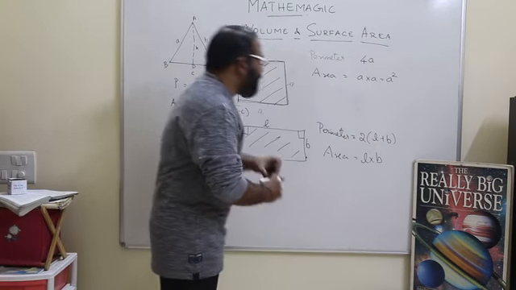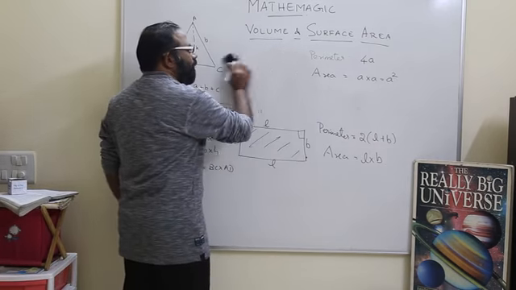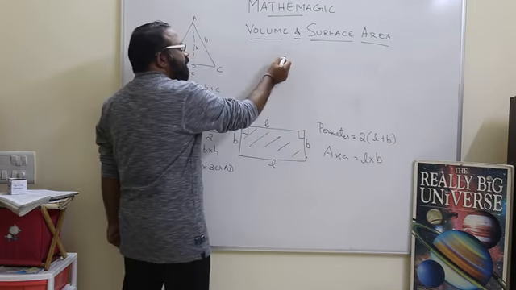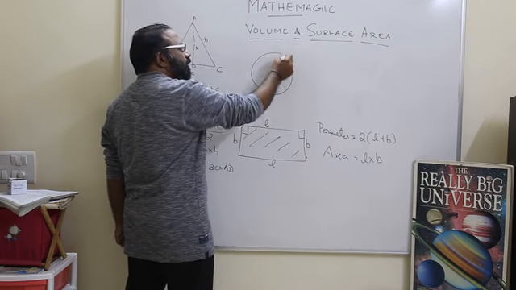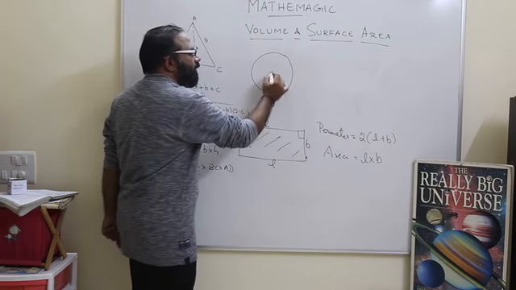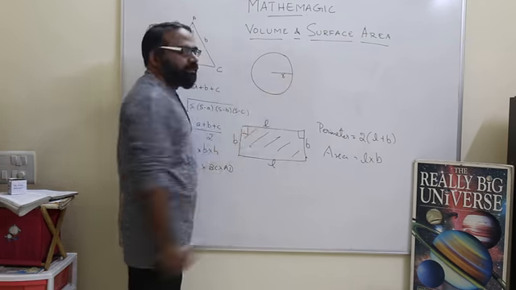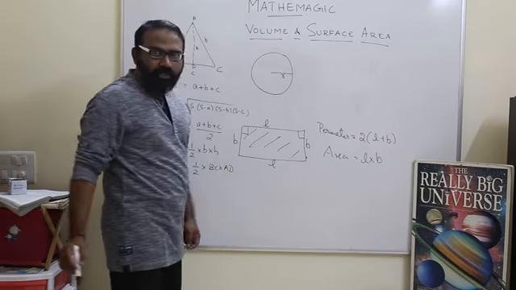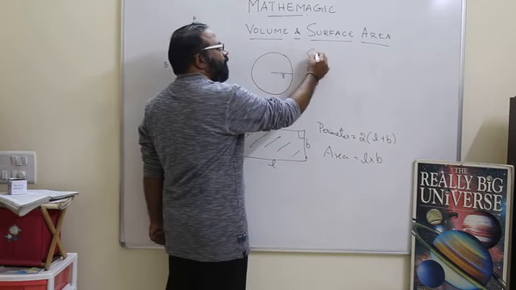Now, another shape that we know is the circle. And every circle has a particular radius. In this, the perimeter is also known as circumference.